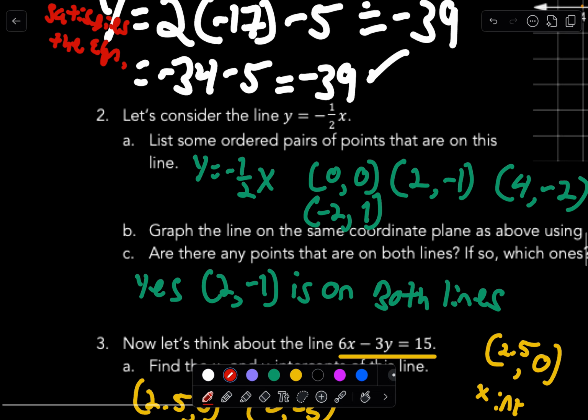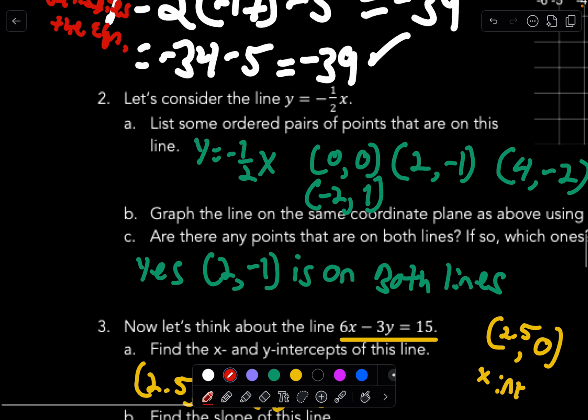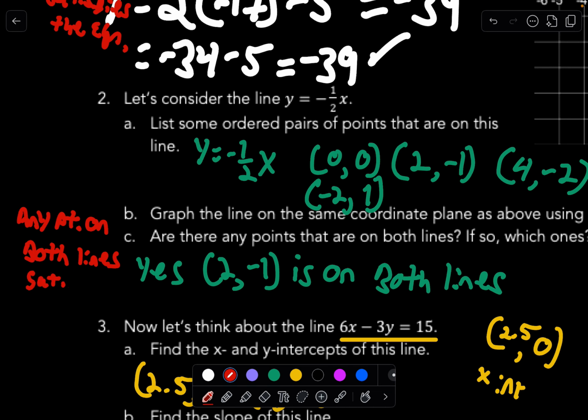Number 2, C, any point on both equations, on both graphs, both lines, satisfies the system.